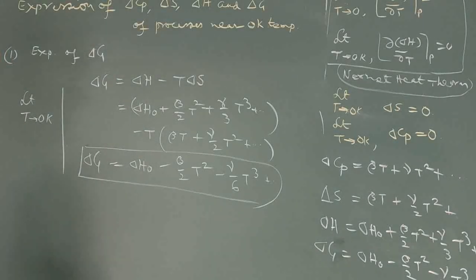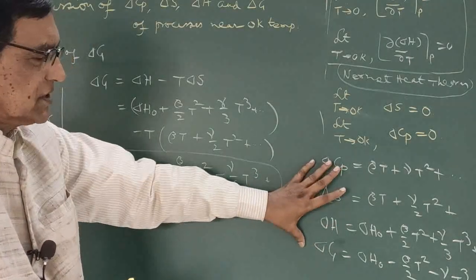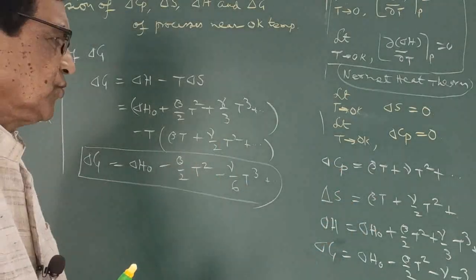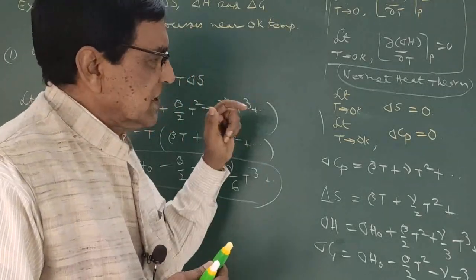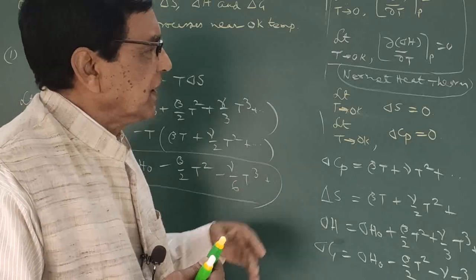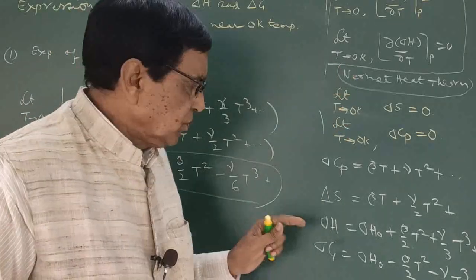Actually, the expressions of delta Cp, delta S, delta H, delta G, all these expressions are being changed, whenever we are considering processes occurring near 0 Kelvin temperature and complying with this Nernst heat theorem.